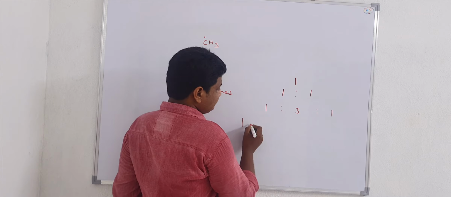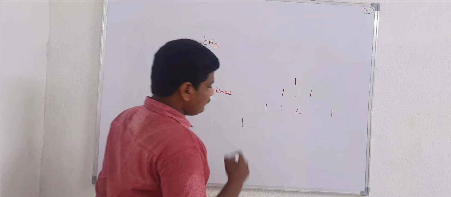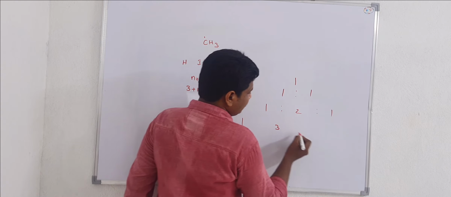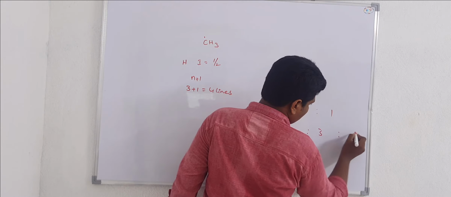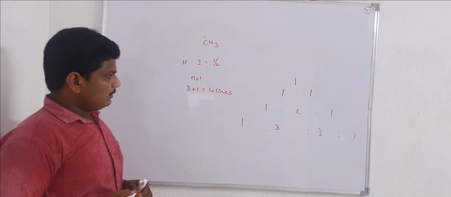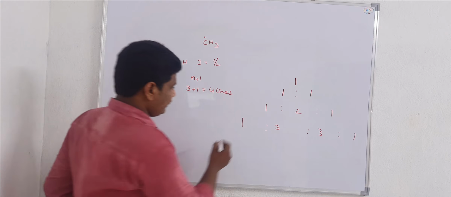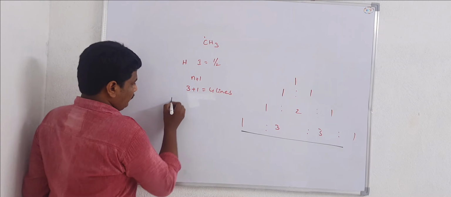And if you get 4 peaks, the ratio is 1:3:3:1. So in the case of 4 hyperfine lines, we observe this kind of intensity.